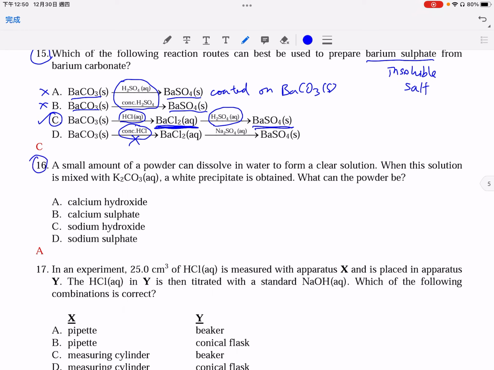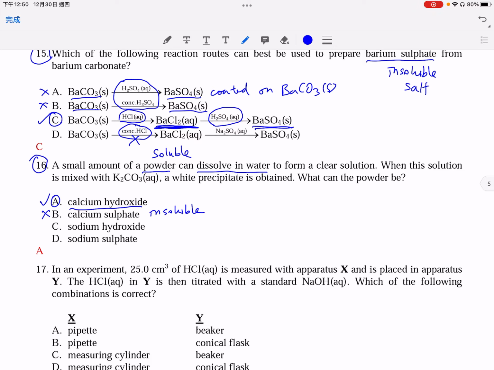First of all, the powder can dissolve in water. That means it must be a soluble compound. So B is not the answer because calcium sulfate is insoluble. The answer is A because calcium hydroxide is soluble in water, although it is just lightly soluble in water.